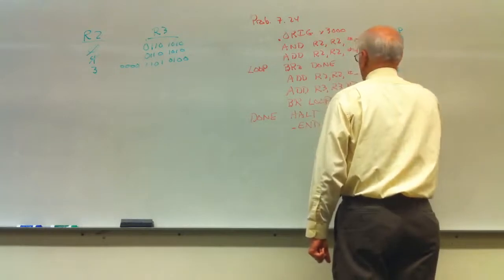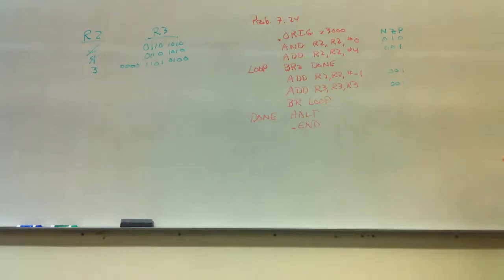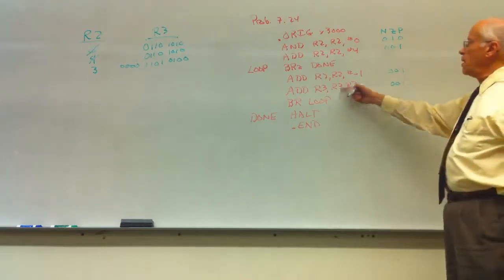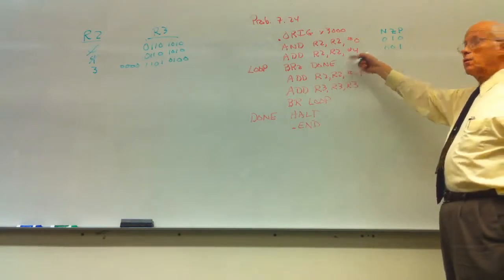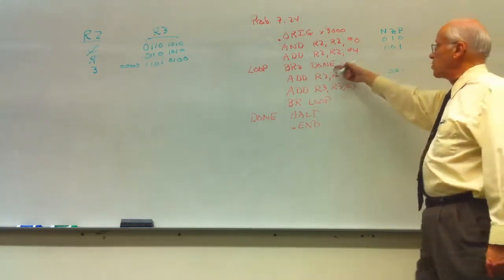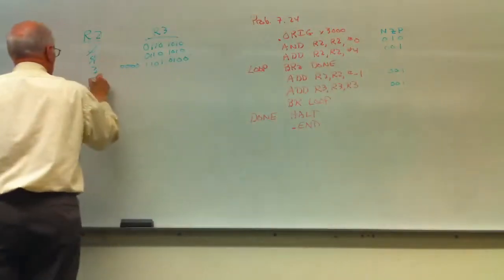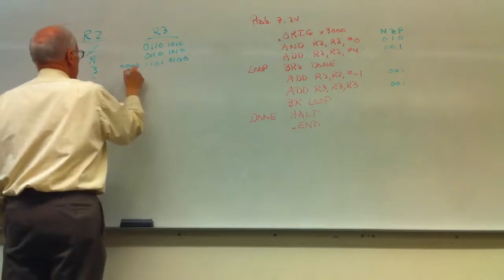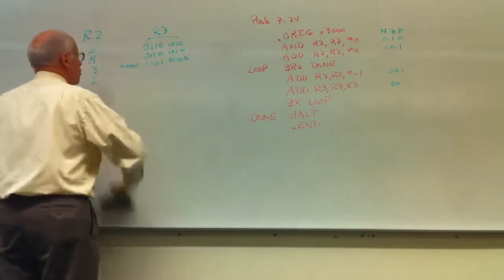This one was positive, the result of this one is positive. Now, this is an unconditional branch, so we go back up to here. What's it going to see? Well, it's going to see plus, so it won't branch. So we go ahead and subtract one, and then we, well, I won't do the add.